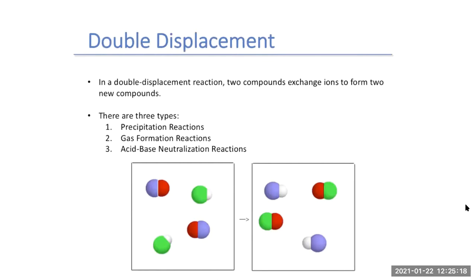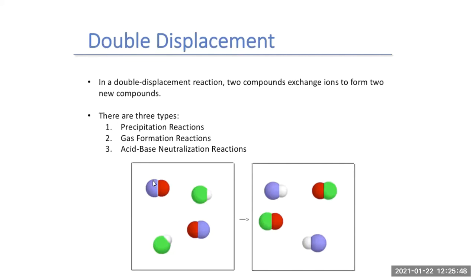Next, let's look at a double displacement reaction. Double displacement is actually a really common type of reaction we have in chemistry. And in fact, it's kind of an umbrella for 3 different types of reactions: our precipitation, our gas formation, and our acid-base reactions. All of these different kinds fall under the double displacement umbrella.